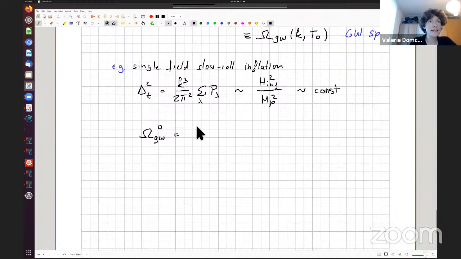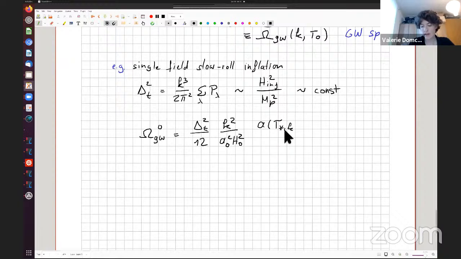And so what we'll get is Delta_T squared divided by 12, k squared, a0 squared H0 squared, a of tau star of k divided by a of tau 0.